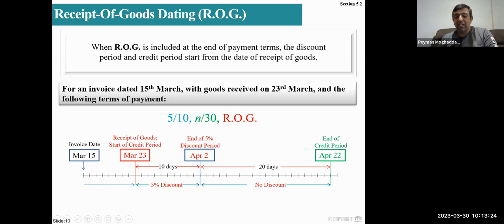So the seller will be very happy to receive the money before they even receive the goods. The seller says, after you receive the goods, you have 10 days to pay for 5% discount. But if the buyer decides to pay before even receiving the goods, the seller would definitely accept that and give the 5% discount. That's just an obvious thing.